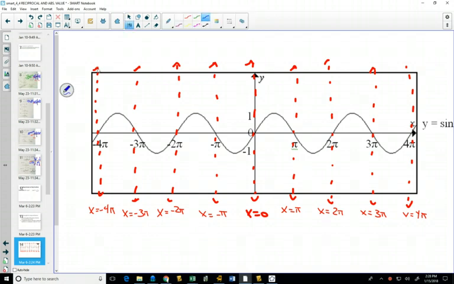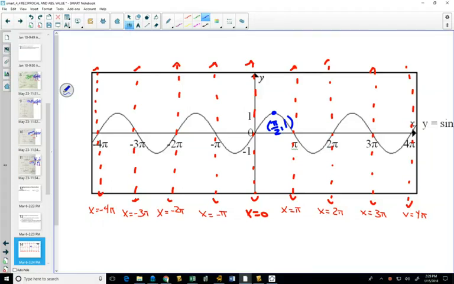Do you know any points on sine of x that are nice? Like, for example, what point is this one? Something comma 1, what comma 1? Pi over 2 comma 1. And what's going to happen at that point when you do the reciprocal? It's going to stay the same.